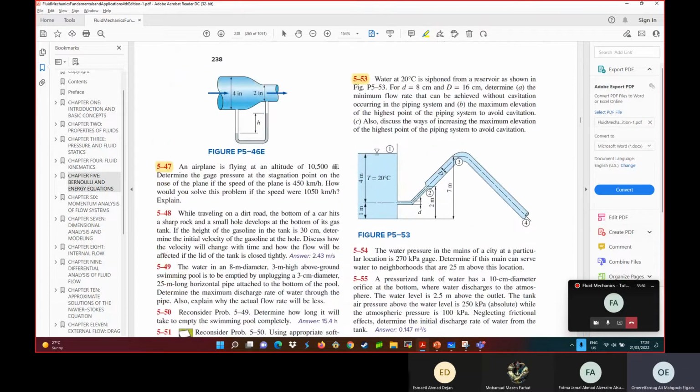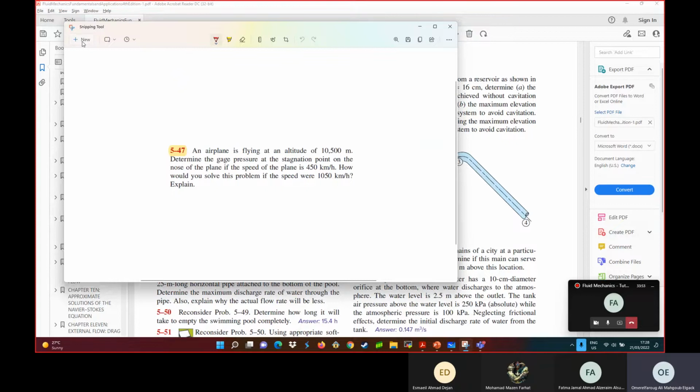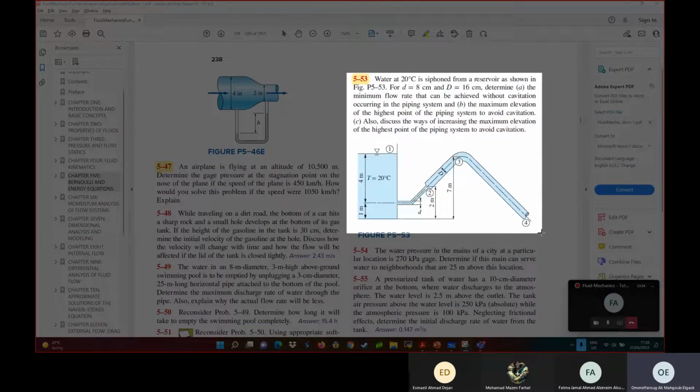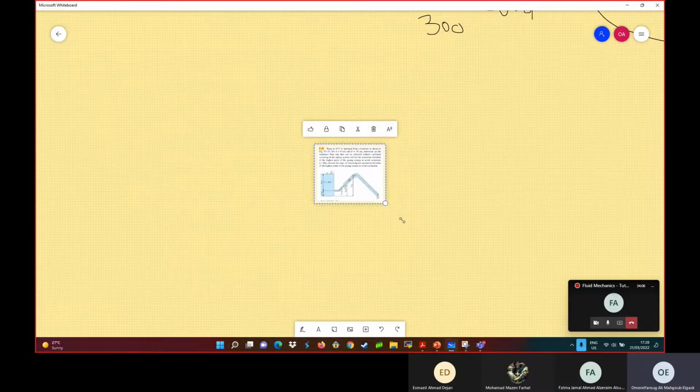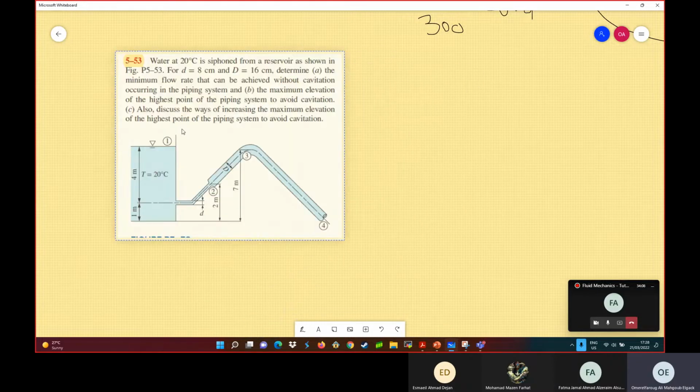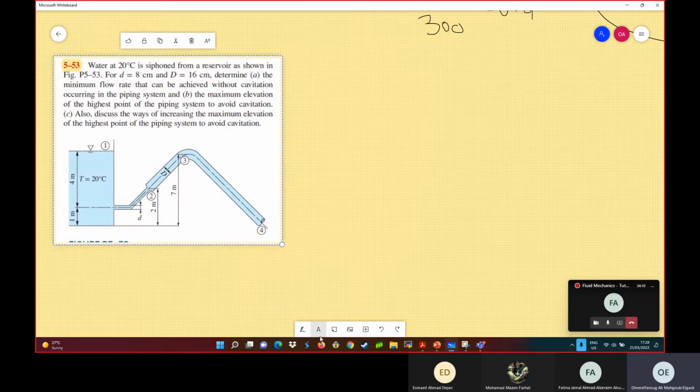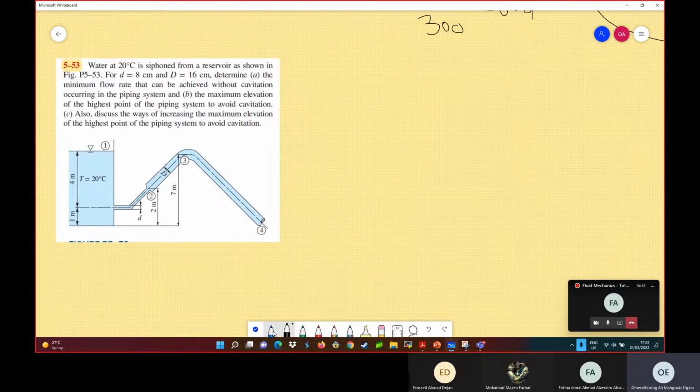Okay, so let's move on to another question. We have this question. Water at 20 degrees Celsius is siphoned from a reservoir.